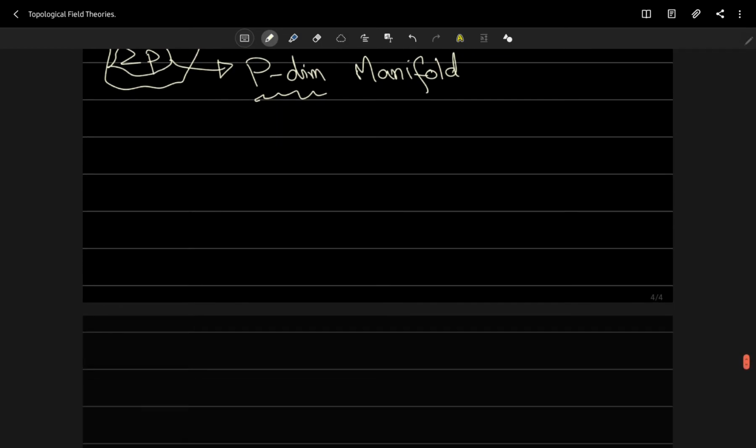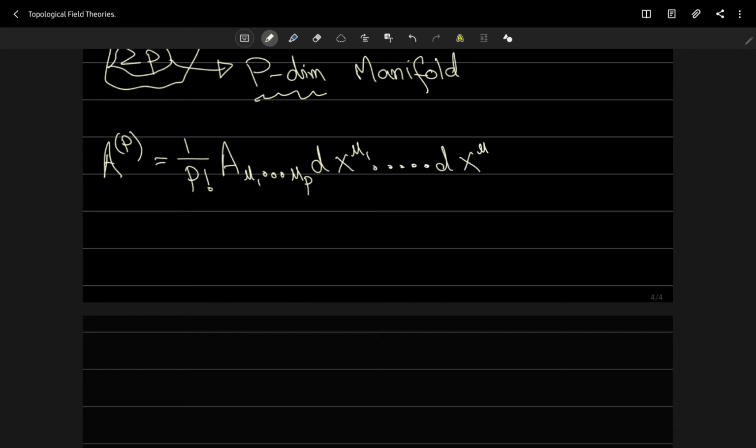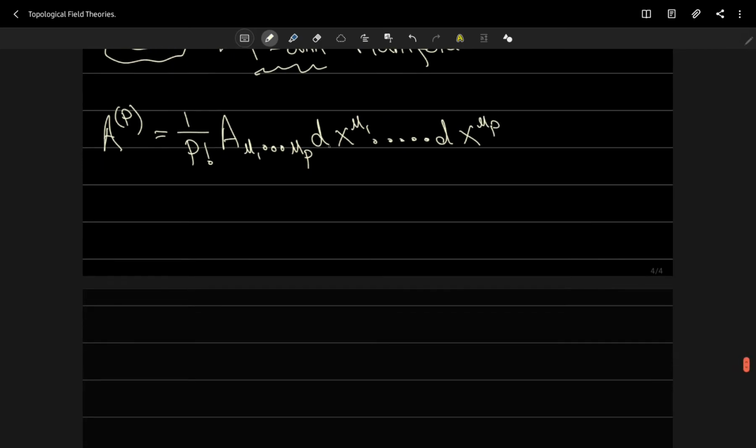It was coordinate invariant because of the anti-commuting basis of forms in this AP. It was equal to 1 over P factorial A mu 1 up to mu P dx mu 1 up to dx mu P. Right over here, these are your basis forms.